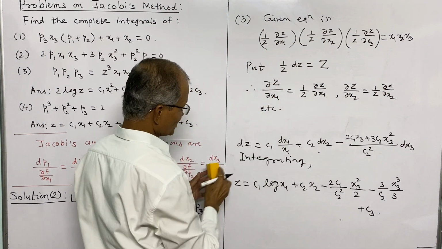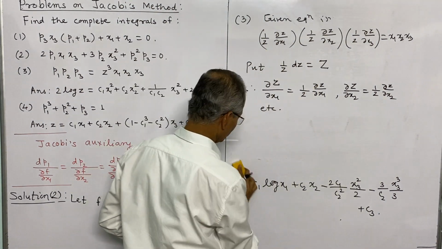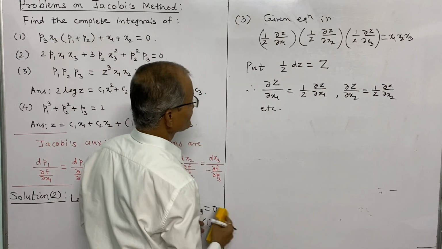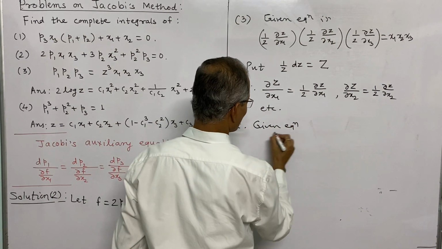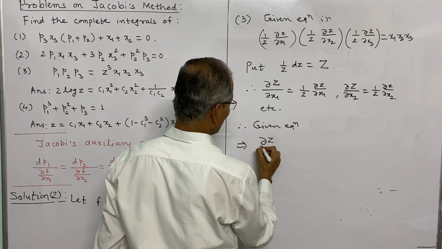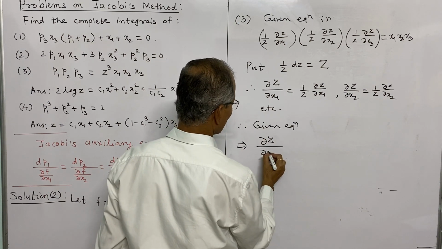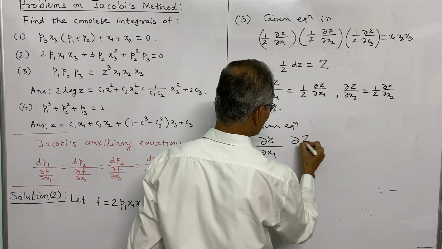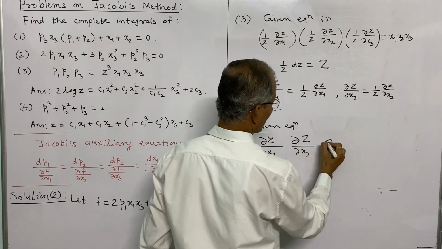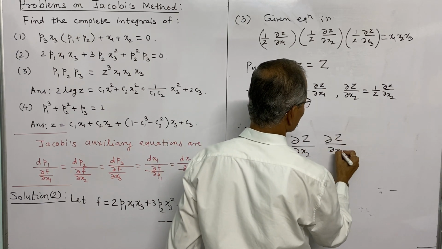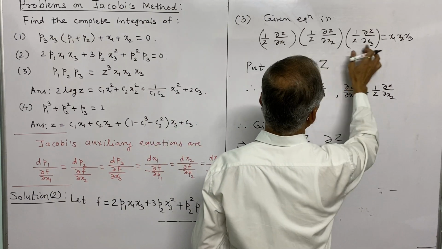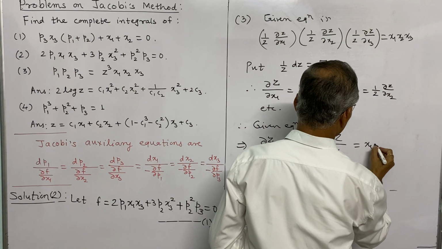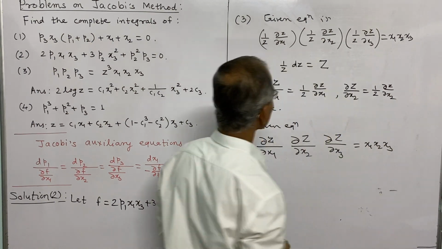So thus the given equation becomes: dou capital Z by dou x1, dou capital Z by dou x2 and dou capital Z by dou x3, and this is equal to x1, x2, x3.